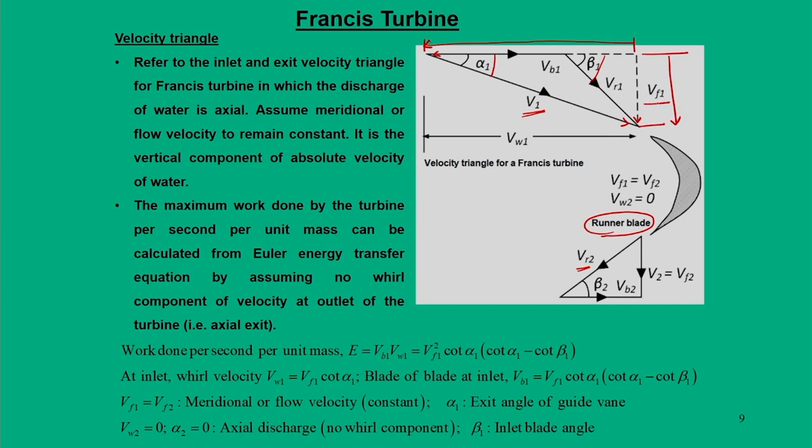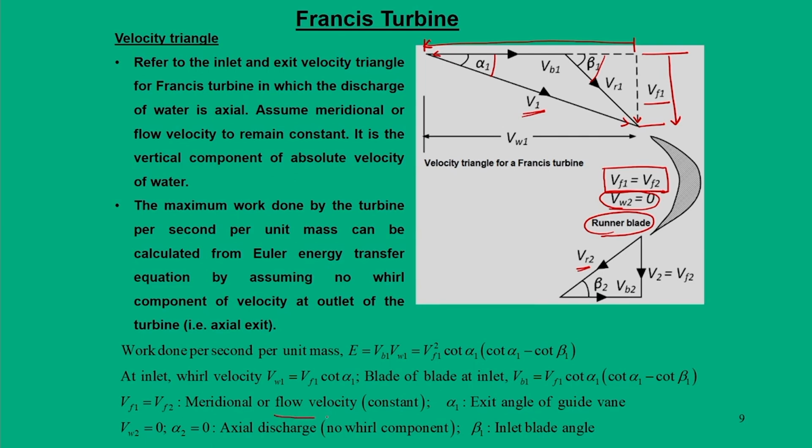So, this is Vf1. This is the inlet velocity triangle. Now, the angles are so designed that we need to ensure Vw2 should be 0, to harness maximum energy. When Vw2 is 0, then essentially we have the expression Vf1 is equal to Vf2. What are Vf1 and Vf2?